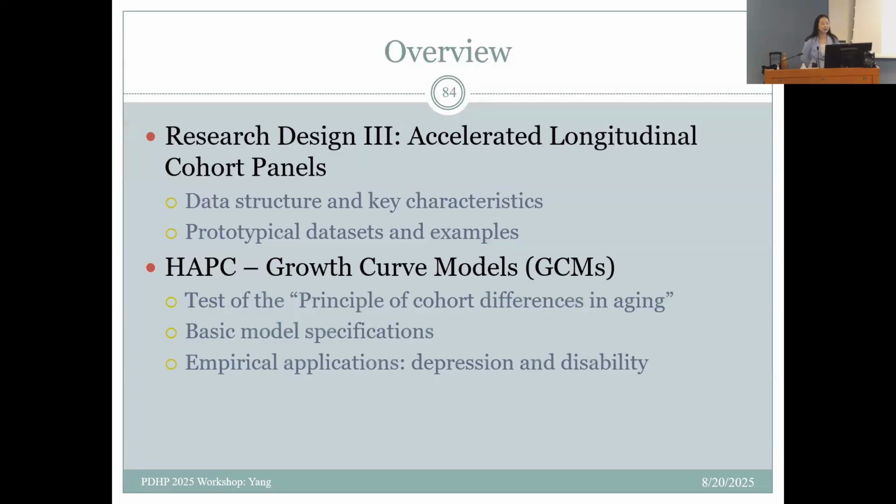And so here's the plan. We talk about this new, different kind of research design called accelerated longitudinal cohort panel data. We'll look at the data structure, characteristics, and examples. Then we'll fit the hierarchical linear model, the growth curve model specifically, to these data to test, and I situate this model more or less in the sociological theories of aging called the principle of cohort differences in aging.